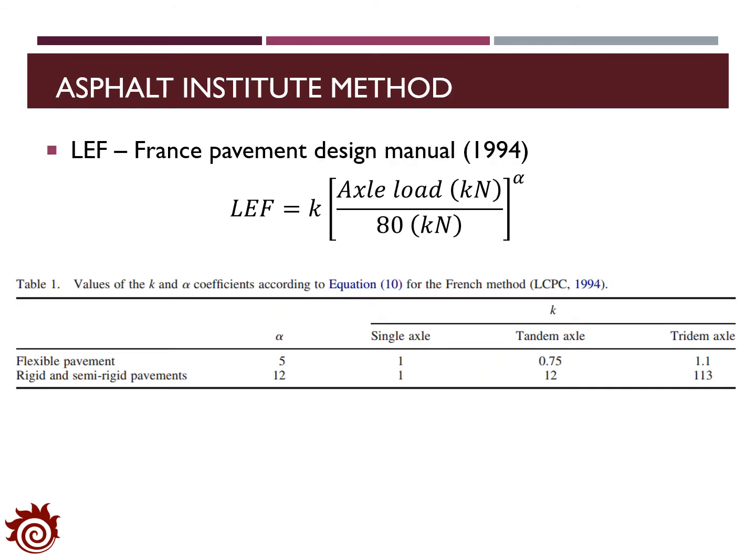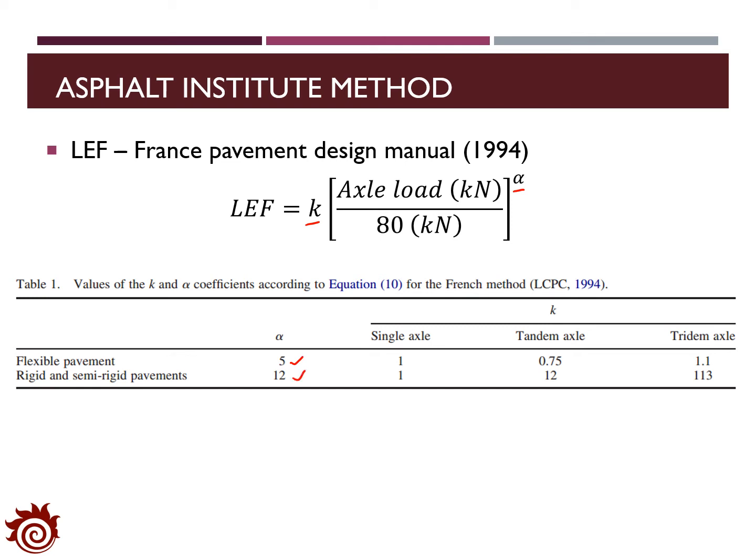For example, the France Pavement Design Manual defines that LEF equals K times axle load divided by 80 to the power of alpha. Here, the coefficients K and alpha are related to the type of pavement and the type of axle. For flexible pavement, alpha is 5, and for rigid pavement, alpha is 12.